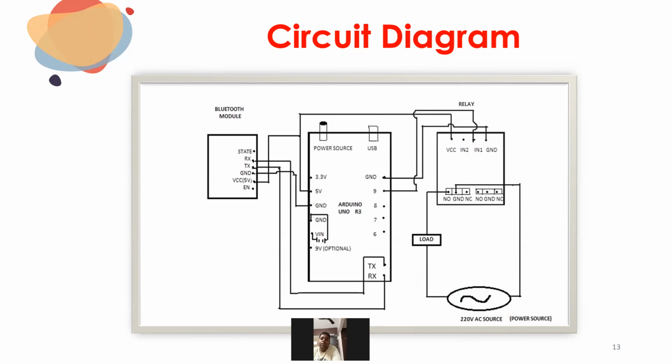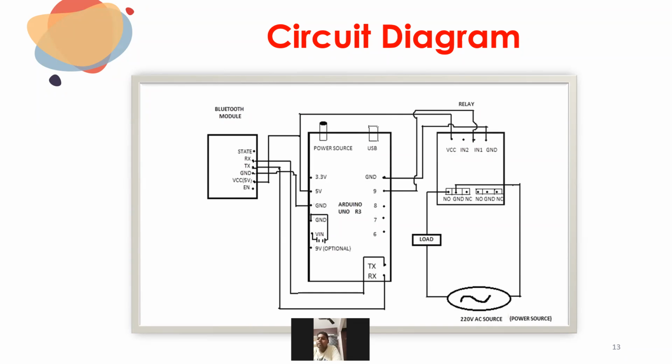It's opposite, and the ground is connected to the ground of Arduino. For the power supply, the Bluetooth module has a 5-volt power supply. It's connected to the Arduino Uno's power supply, which has the main power supply.